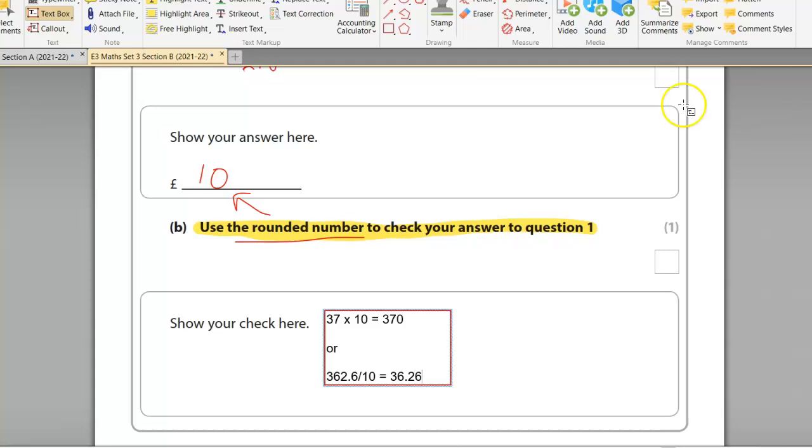So you could do that. It's probably a bit easier to do it this way round.